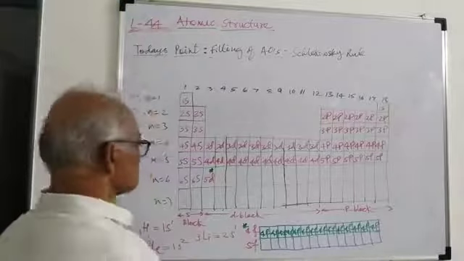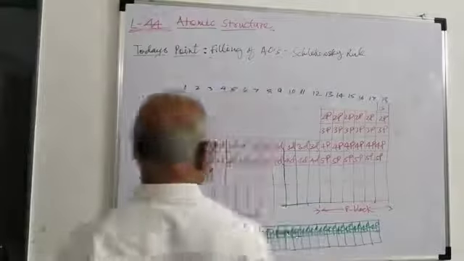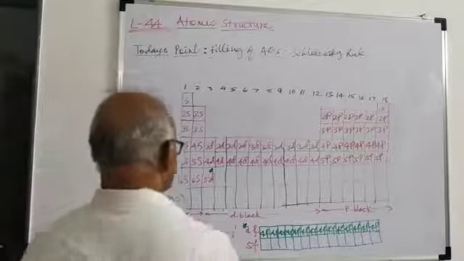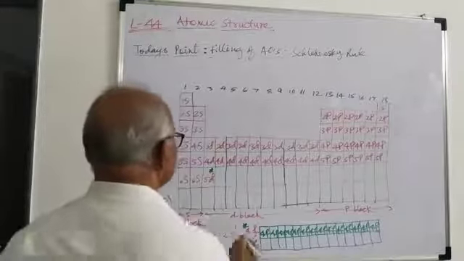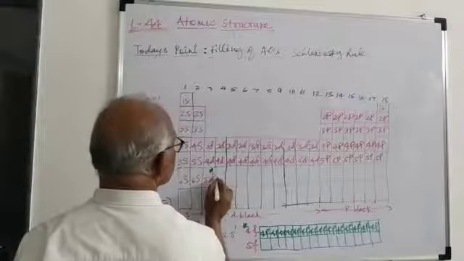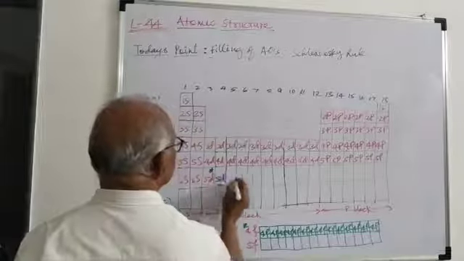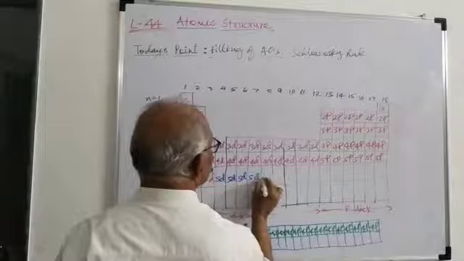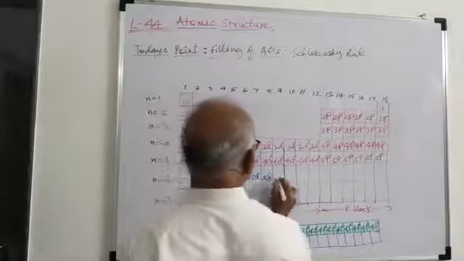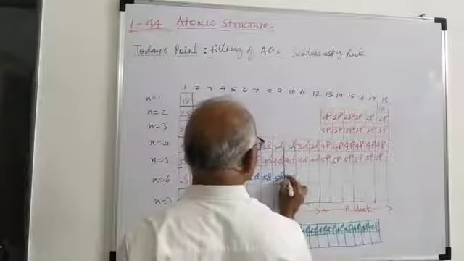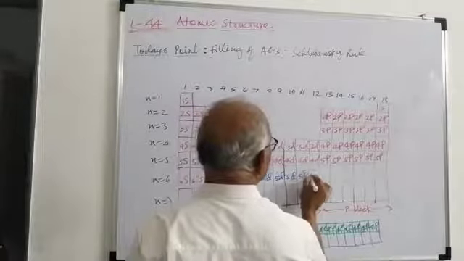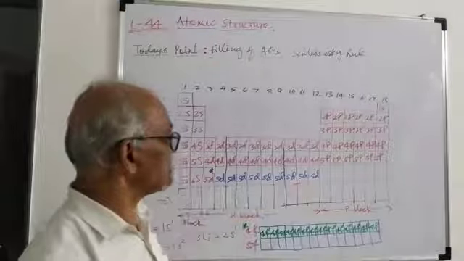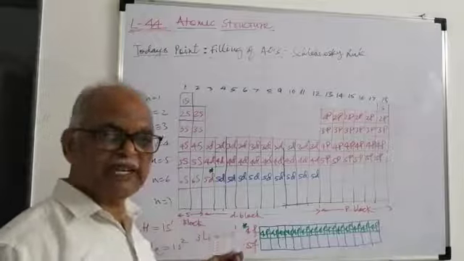Then the next electron will come here and begin occupying this orbital, so we will show that it is 5d. Then again 5d, so in this way 5d will keep on filling. After occupying these 5d orbitals, the capacity of d is completed.